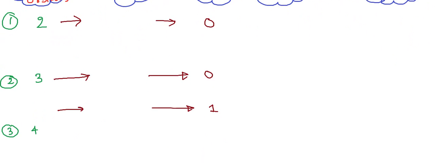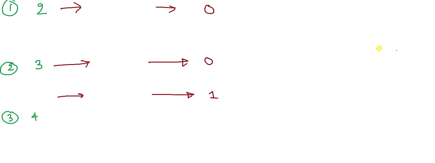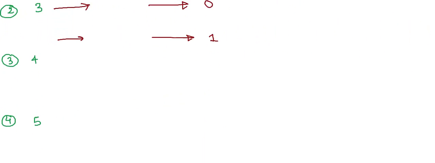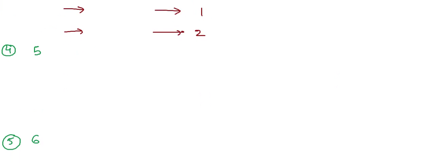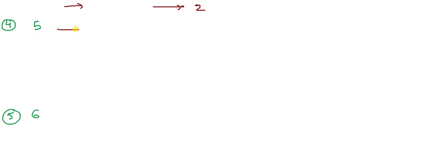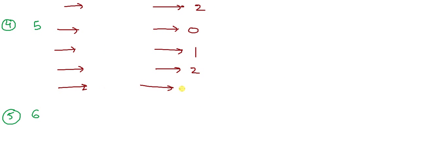Okay, no need to learn this table. You just have to remember that you'll easily be able to solve it if you just see this table once. Okay, in fourth, when you have 4 hybrid orbitals, then there are 3 cases. Either you'll get 0 lone pairs, or you'll get 1 lone pair, or you'll get 2 lone pairs. Okay, in case of 5, you will see that you'll get either 0 lone pair, 1 lone pair, 2 lone pair, or 3 lone pairs.